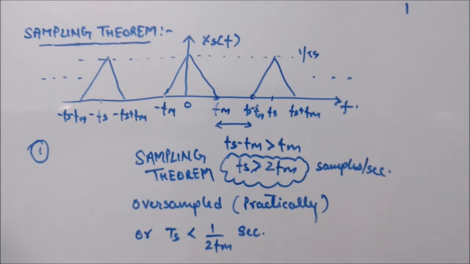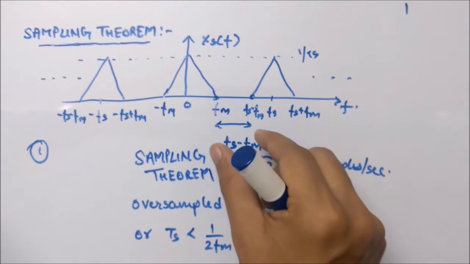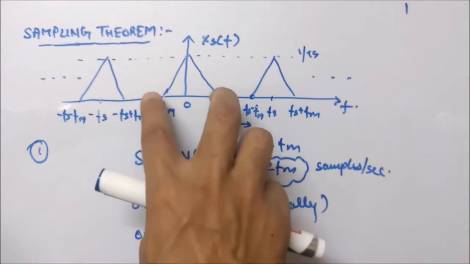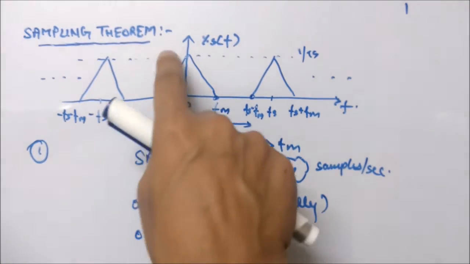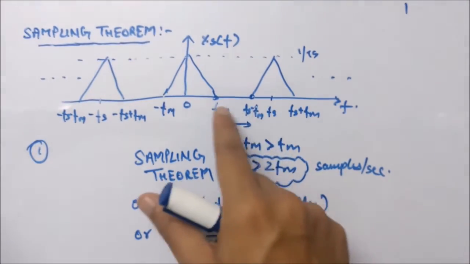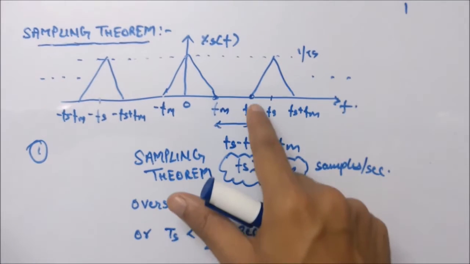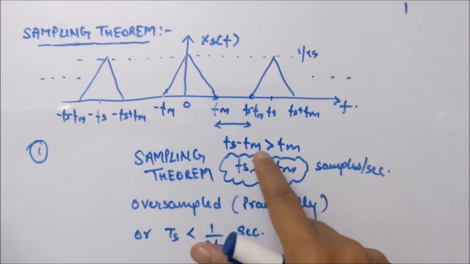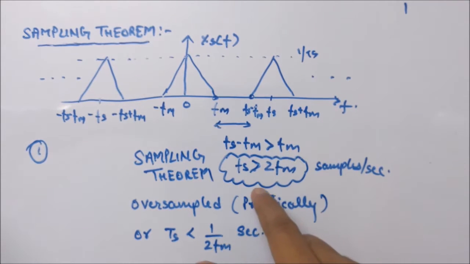This is the point I wanted to mention here. To recover this signal properly with the help of the filter, this condition has to be followed. This point should be greater than this point, meaning fs minus fM should be greater than fM, or fs should be greater than 2fM.